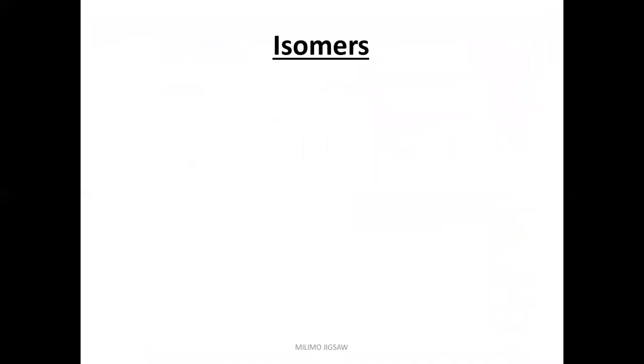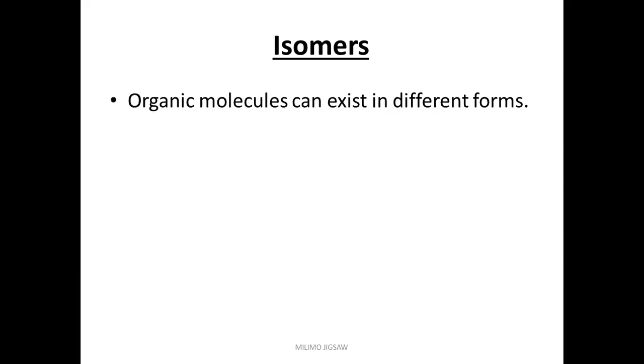However, the functional groups are not the only groups or characteristics that give unique properties to the biomolecules. We have the property of isomerism. Organic molecules can actually exist in different forms.